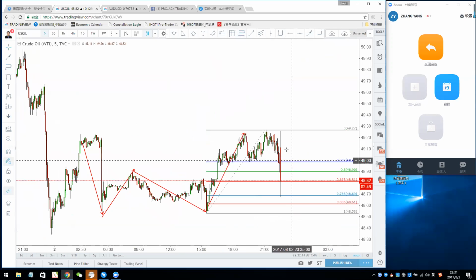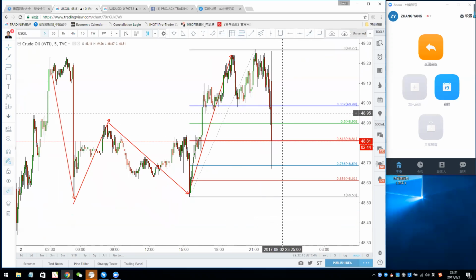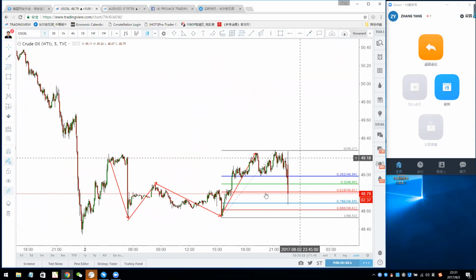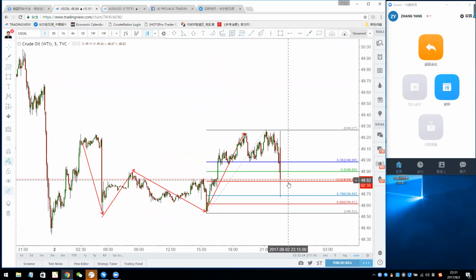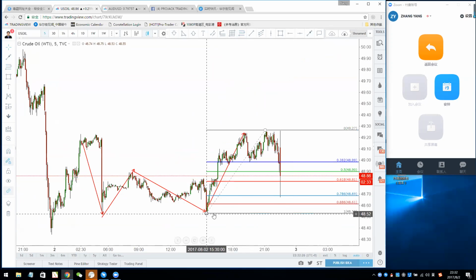Don't enter now because the price hasn't consolidated yet. We don't see the first 5 minute candle closed. You want to buy when the oil cannot break the 48.53.